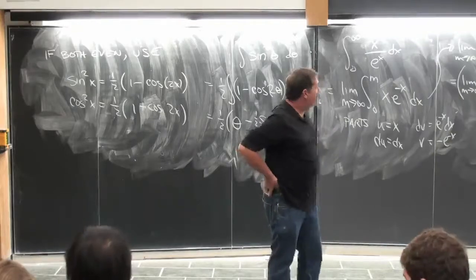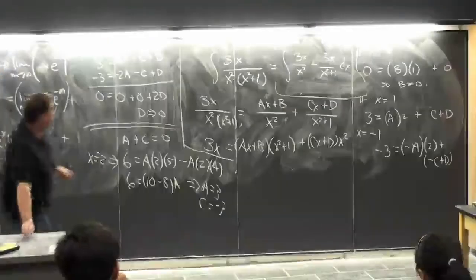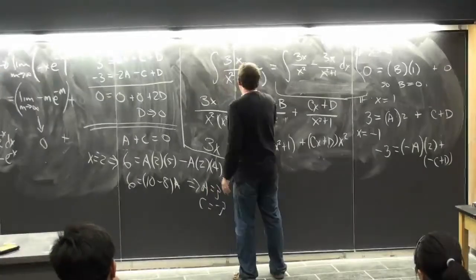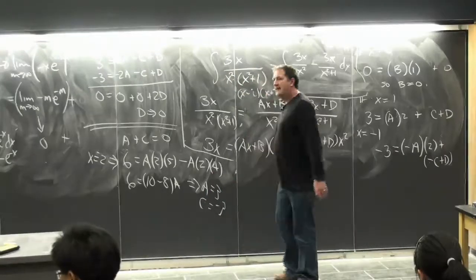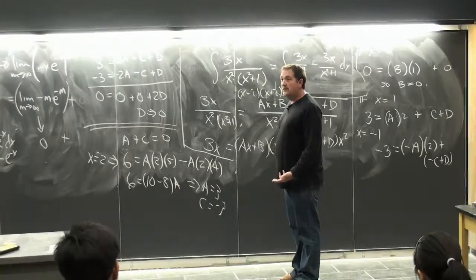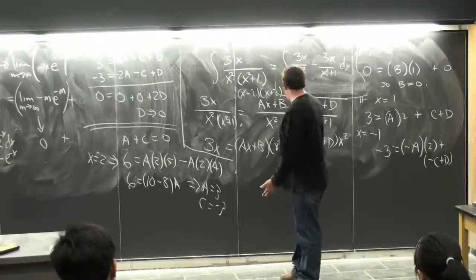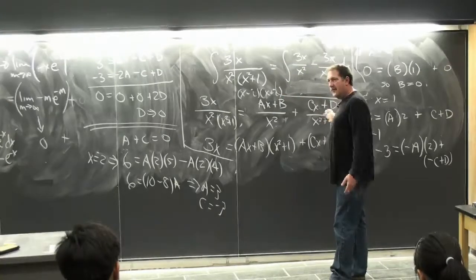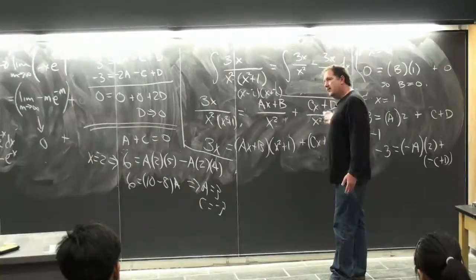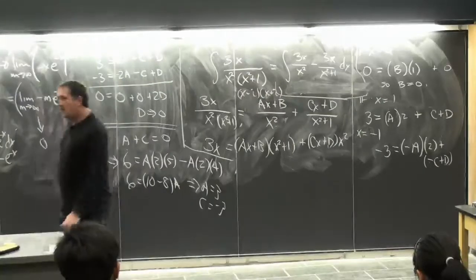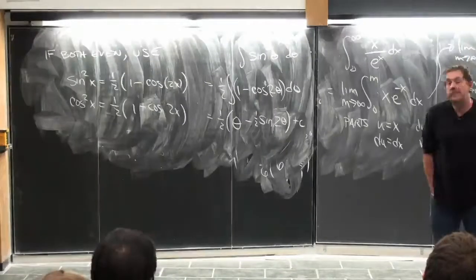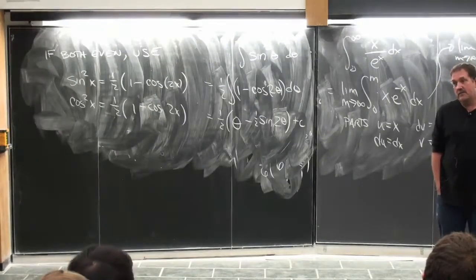So, for example, I can factor this into x minus i, x plus i, if I really want to, and then I only have linear factors. But things will work out a little weirder, and I have to realize what to do with that. So none of the problems need to be done involving complex numbers.